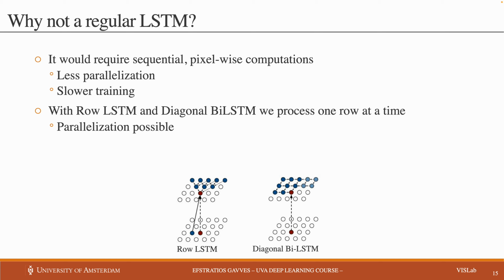We could use a regular LSTM, but it would require sequential pixel-wise computations, one pixel at a time, less parallelization, slower training, and we would not take context into account. With row LSTM and diagonal BiLSTM, we process one row at a time and we can do parallelization.